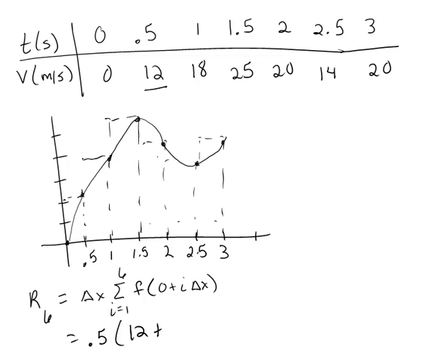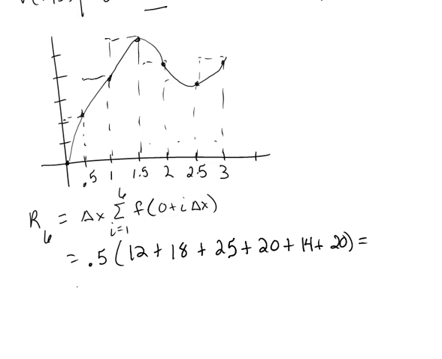Then for the second interval, the value at 1 is 18. At 1.5, you have 25. At 2, you have 20. At 2.5, you have 14. And at 3, you have 20. So you'll just add those up and then take half of it. I'm going to let you do that because I only have 5 minutes. So just find that answer.